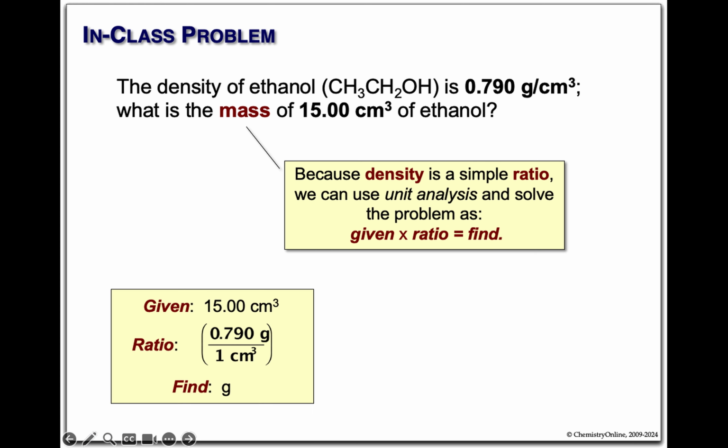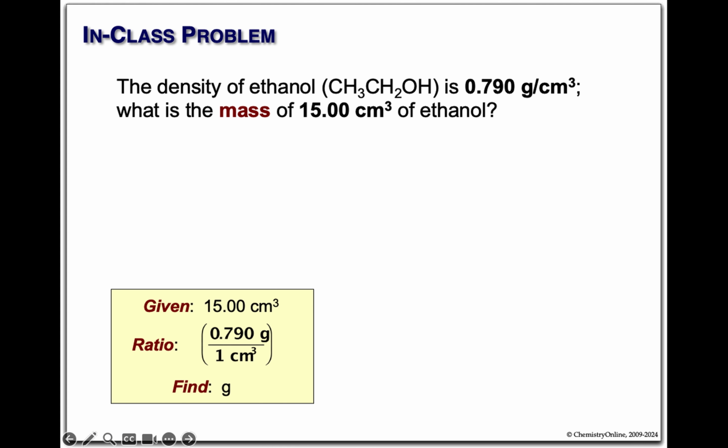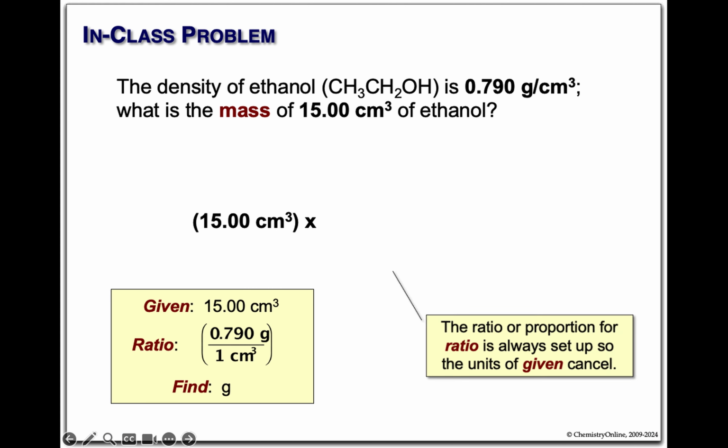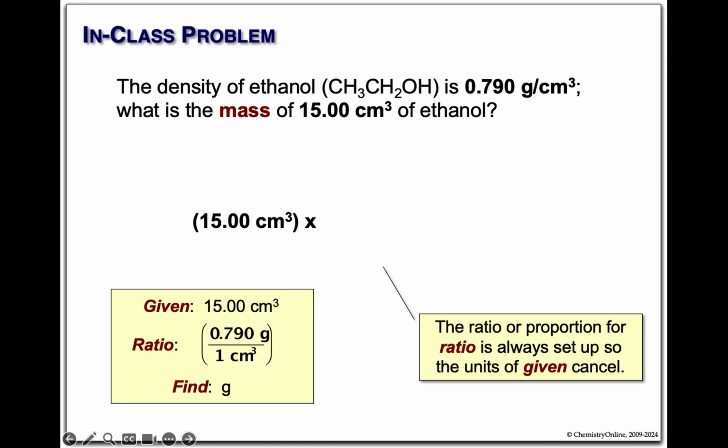Here's our given, here's our ratio, here's what we're trying to find. We simply set it up. Start with the given. Multiply by the ratio, remembering that the units of the given have to be in the denominator. Cubic centimeters cancel. Multiply it out. 11.8 grams.